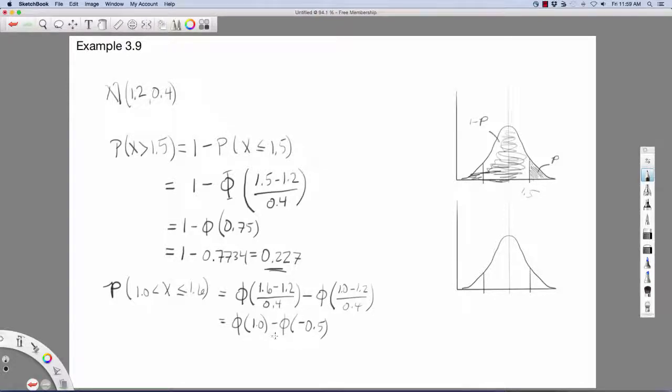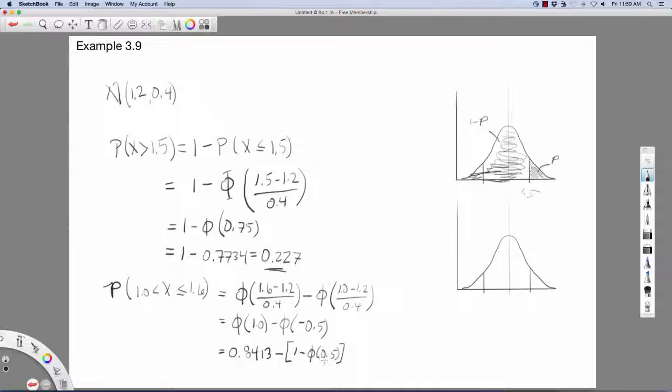When we look this one up in the tables, we get 0.8413, and we subtract off of that. Remember, when we have a minus, it's the same thing as 1 minus the positive value. So we have 1 minus the CDF function of the positive value.